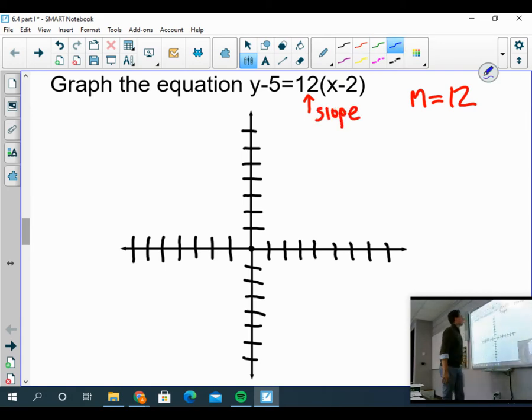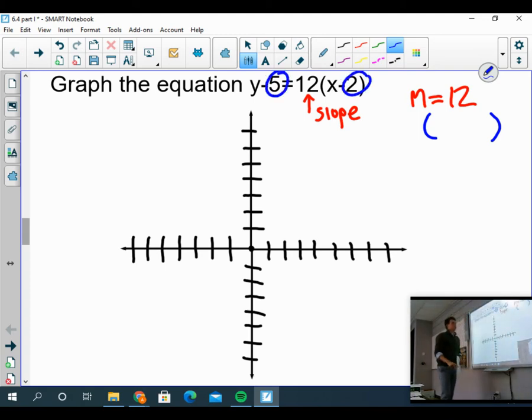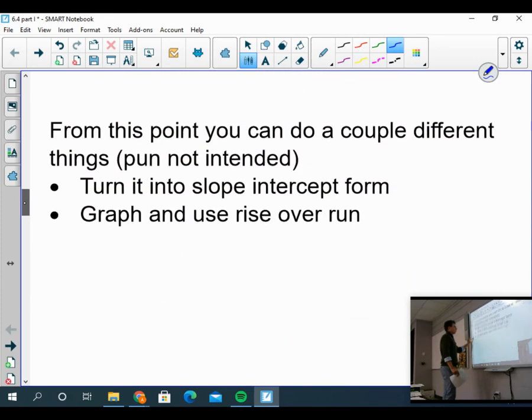In point-slope form, what makes up my coordinate point, because again, you have a point and a slope, are these 2 values. Now, where point-slope form can be tricky is you see the minus signs, and you go, okay, so minus 5, minus 2, or minus 2, minus 5 is my coordinate point, right? Well, kind of, but it's not negative.